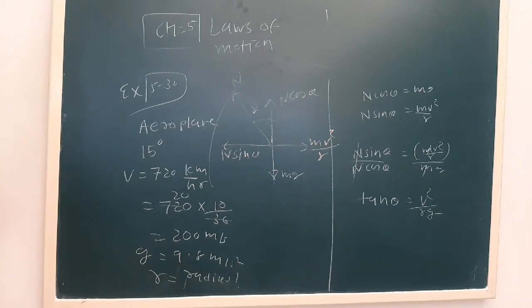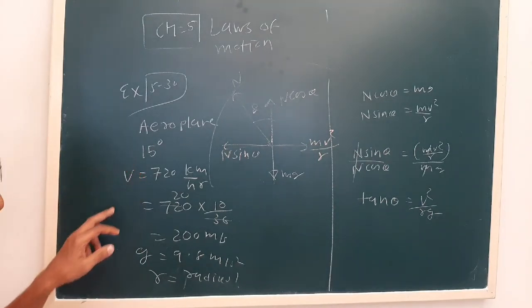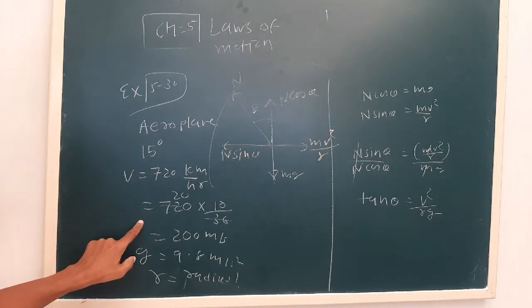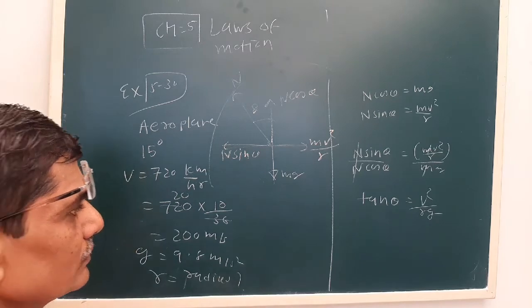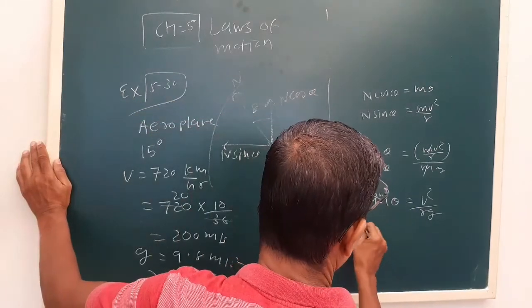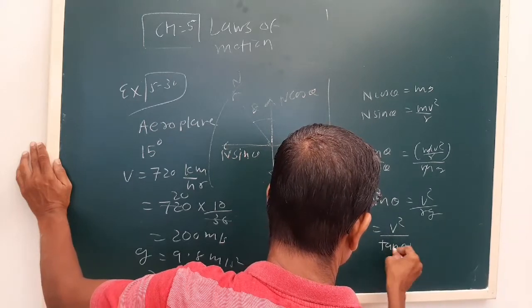Now theta, v and g are given, and r we have to find out. So tan theta is v square by rg, so r is equal to v square upon tan theta into g.